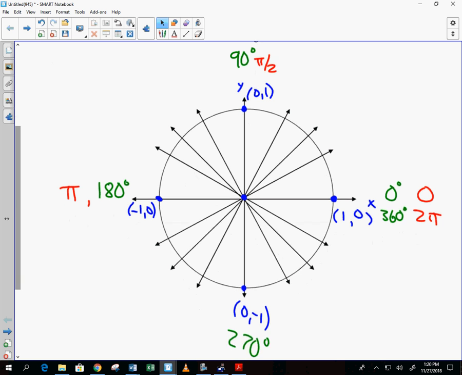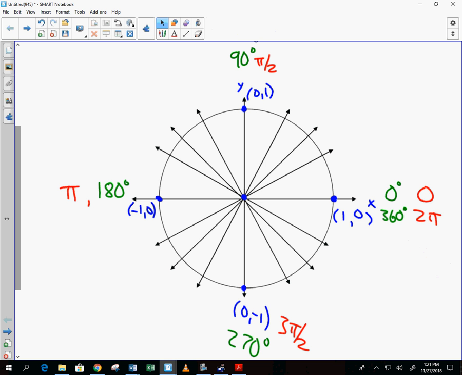Try it again: 1 pi over 2, 2 pi over 2, 3 pi over 2, 4 pi over 2. Isn't that the same thing as 2 pi? See how I was able to count those 90-degree sections as pi over 2s?